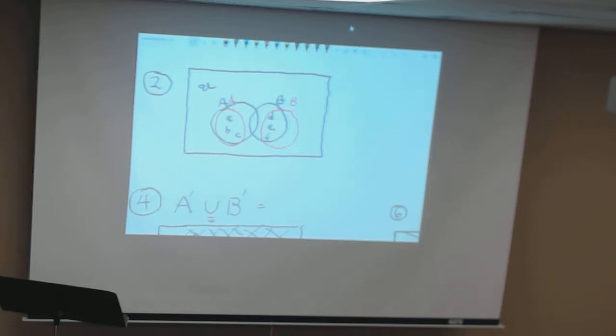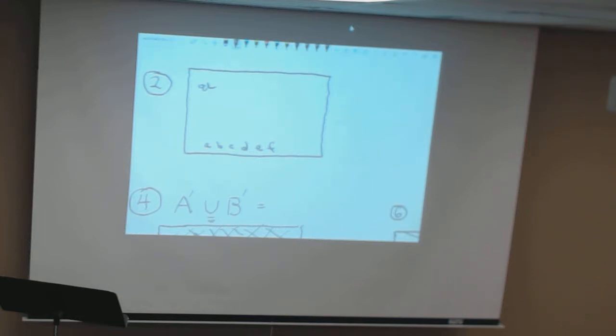Do the same as in problem 1, except now, and let's just do this again. I think this will just help you. Now the universe is A, B, C, D, E, F. So I just go A, B, C, D, E, F. Everybody see that?